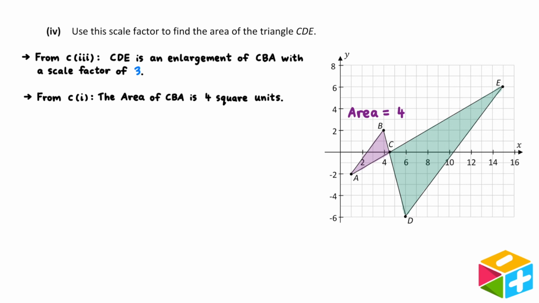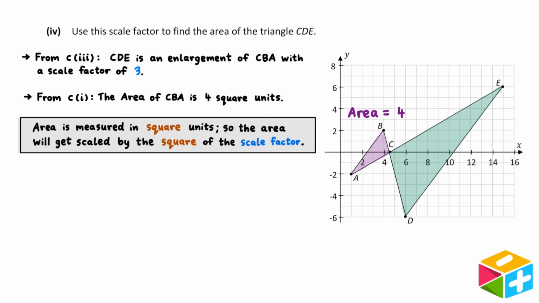From part I, we found that the area of CBA is 4 square units. So, we know the area of the triangle CBA. And we also know that CDE is just a scaled up version of this triangle. So if we scale up our area appropriately, we can find the area of CDE.